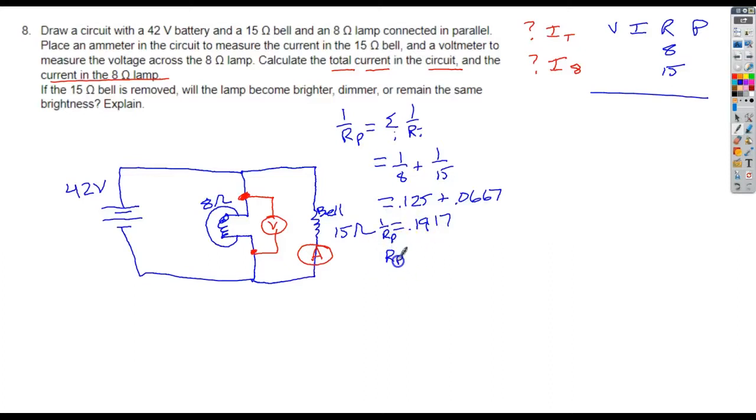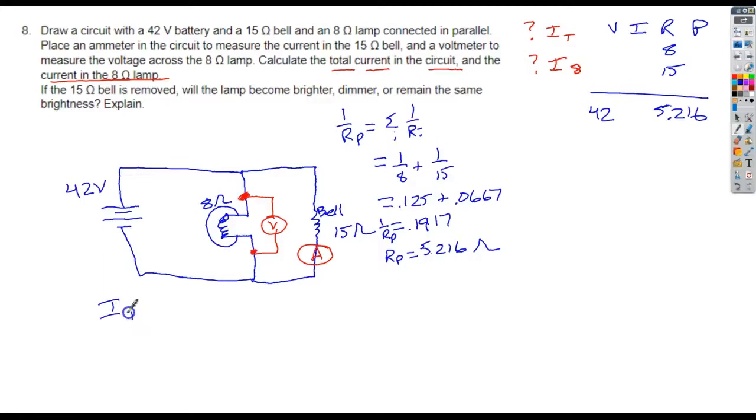Now I have to, if you remember, take 1 over that, because really all that is 1 over the resistance in parallel. So the resistance in parallel is 1 divided by 0.1917, and I end up with 5.216. So that is the total resistance in parallel, 5.216. We know the voltage in this is 42 volts, so to find the total current, which is what they want us to find first, we need to go ahead and divide those.